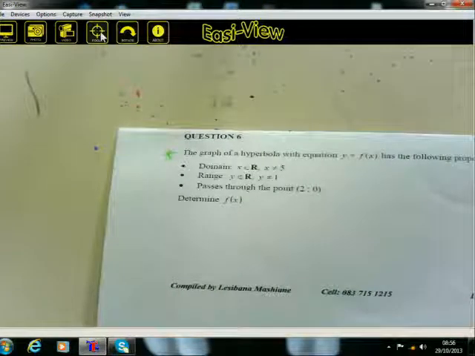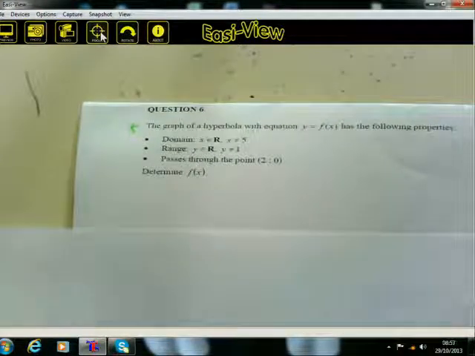In this particular question, they say the graph of a hyperbola. We are told that the hyperbola with the equation y equals f at x has the following properties. Domain: x is an element of real numbers, x is not equal to 5.